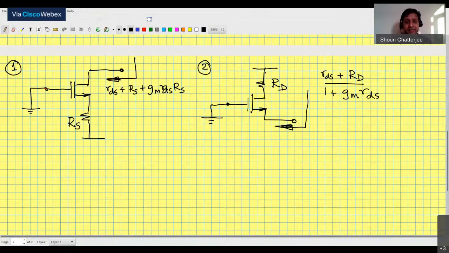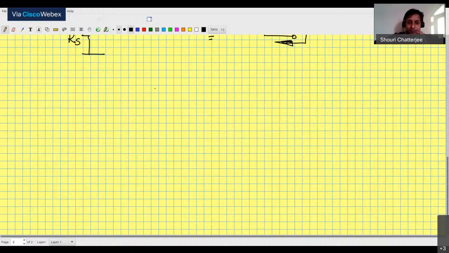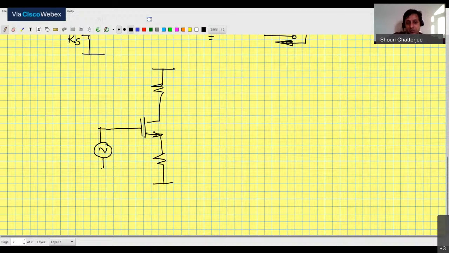So, for example, let's say you have the hardest example, which is this one. In this hardest example, when you look upwards, you see RD.